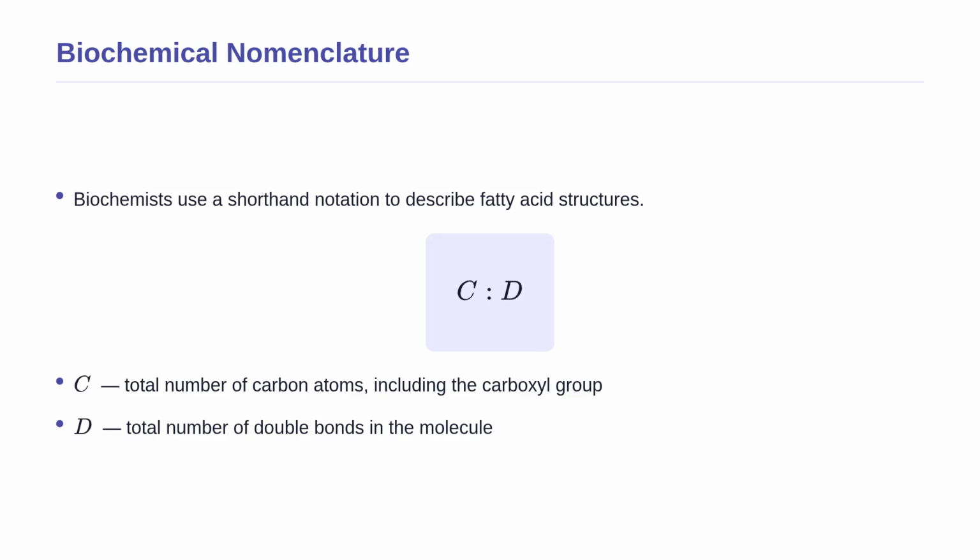The symbol D represents the total number of double bonds present in the molecule. If D is 0, the fatty acid is completely saturated. When the number of double bonds increases, the molecule becomes more unsaturated, which drastically lowers its melting point and makes it more fluid.